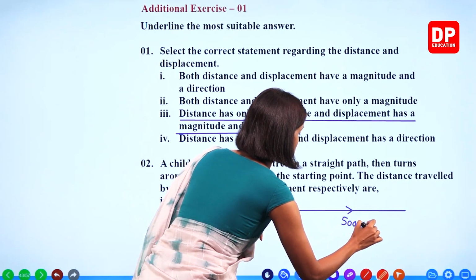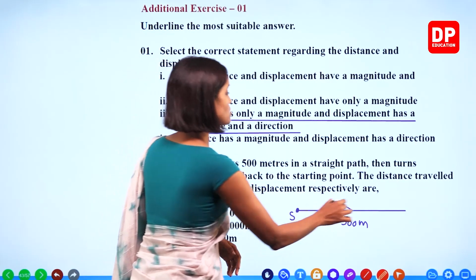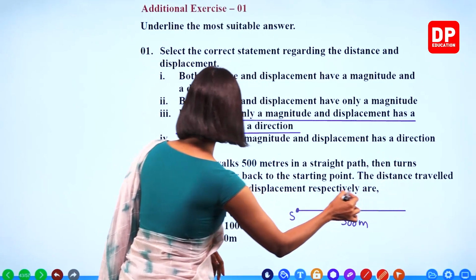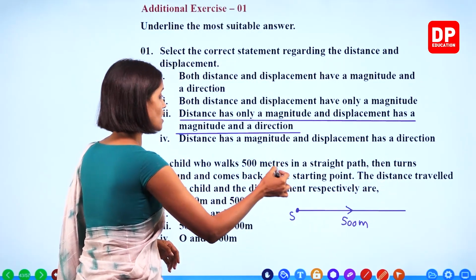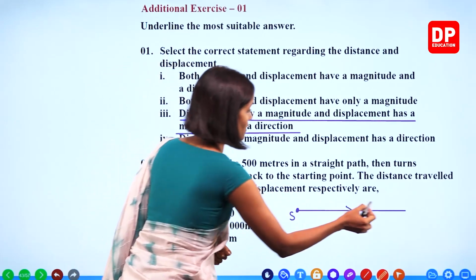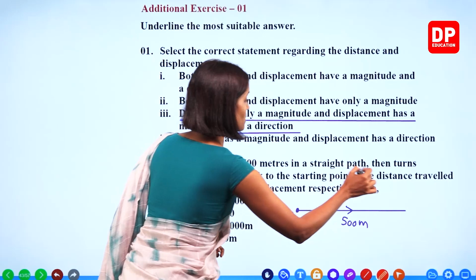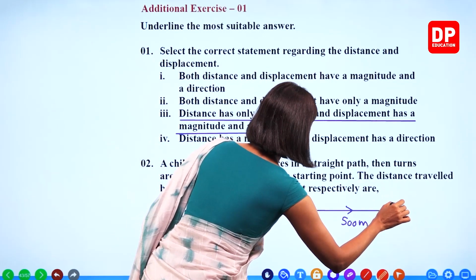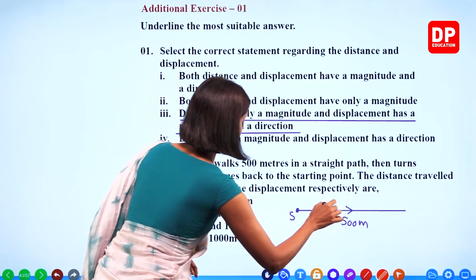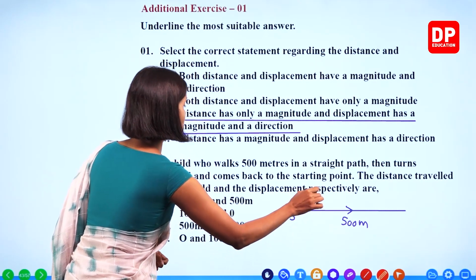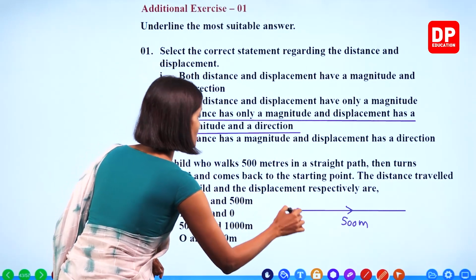The length of this path is 500 meters, in a straight path, then he turns around and comes back to the starting point through the same path. We will consider he starts from here, walks 500 meters, turns around and through the same path, comes back another 500 meters to the starting point.